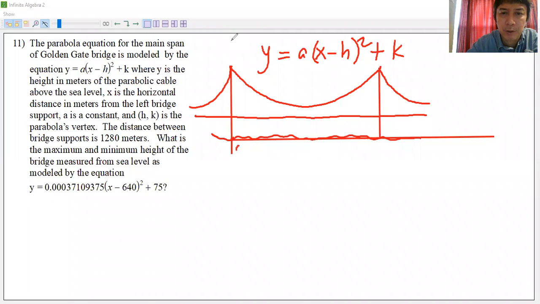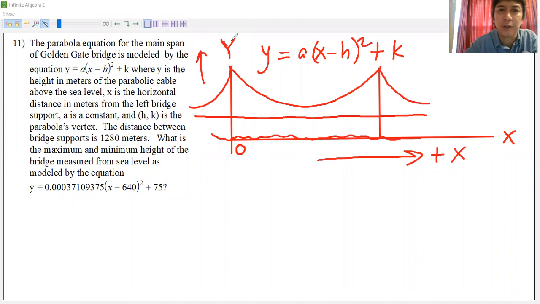This points to the x, and this is actually for the y. Our reference here is the origin. So imagine this the positive and this the positive there. Here's the positive x, and here's the positive y.